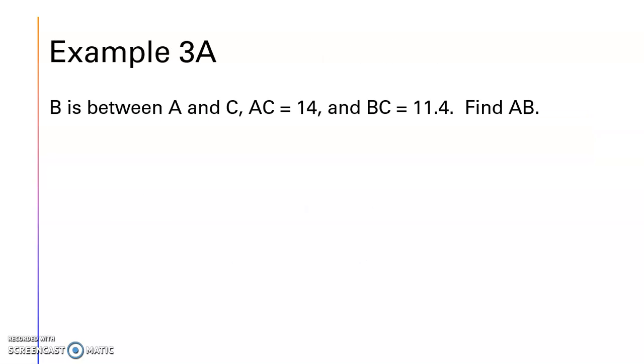In example 3a, they tell us that B is between A and C. AC equals 14 and BC equals 11.4. Find the length of AB. Start off by trying to draw the diagram and then press play to see if your diagram matches mine.